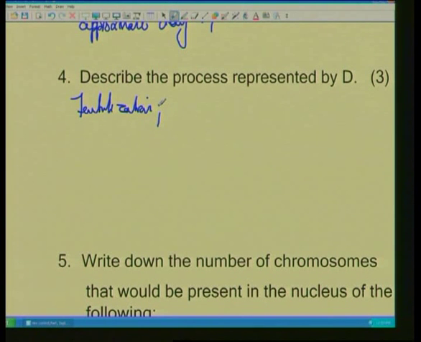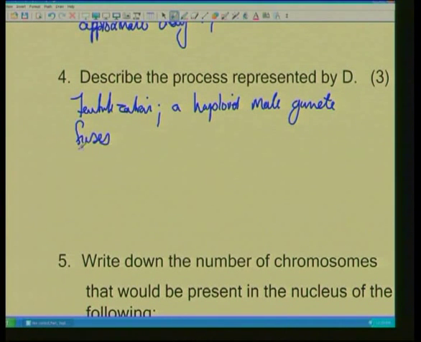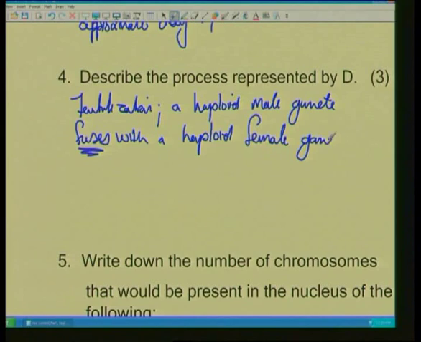It is when we have a haploid male gamete that fuses with a haploid female gamete to form a what?